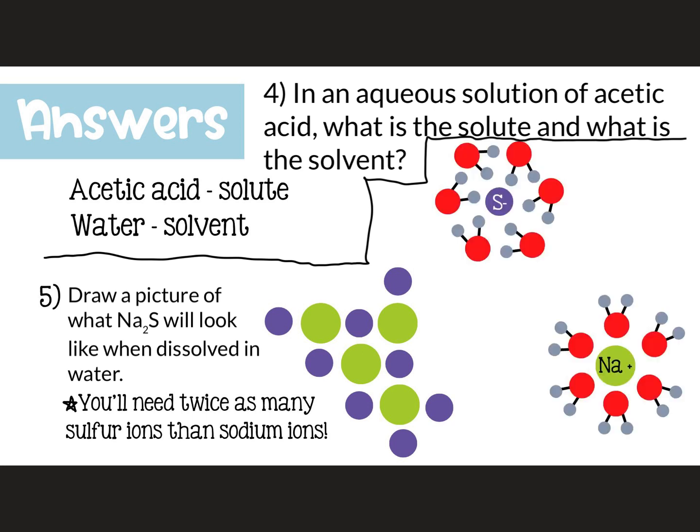That's because the water's positive hydrogens will be attracted to the negative sulfur and its negatively charged oxygen will be attracted to the sodium. That means that the negative sulfide and the positive sodium ions are both surrounded by water and therefore they can move freely.